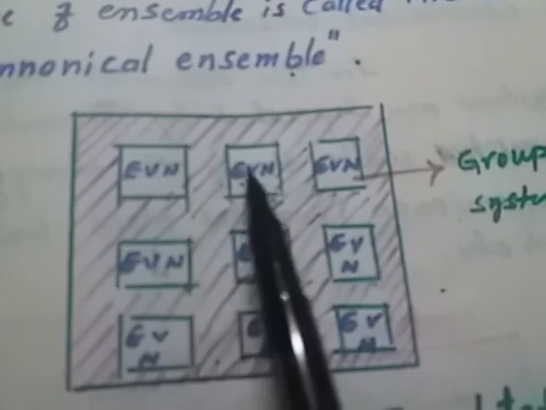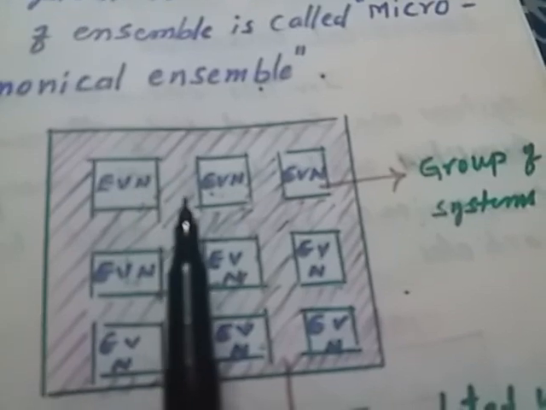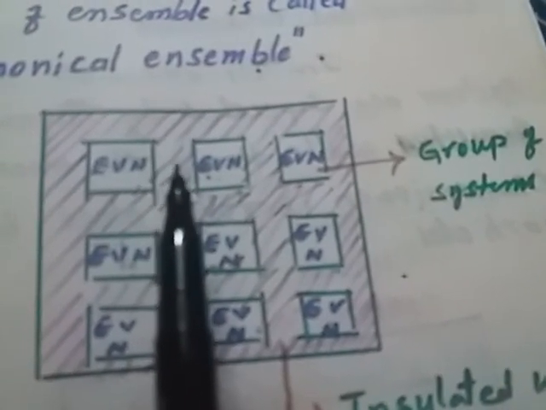In this microcanonical ensemble, each system does not interact with the others. The first system does not interact with the second system. Why? In between, they are surrounded by thermal insulated walls. Insulated walls are walls which do not transfer heat energy or temperature from one system to another. A simple example we can take is a thermoflask. In a thermoflask, no heat is transmitted from the tea inside to the surroundings, or environment.